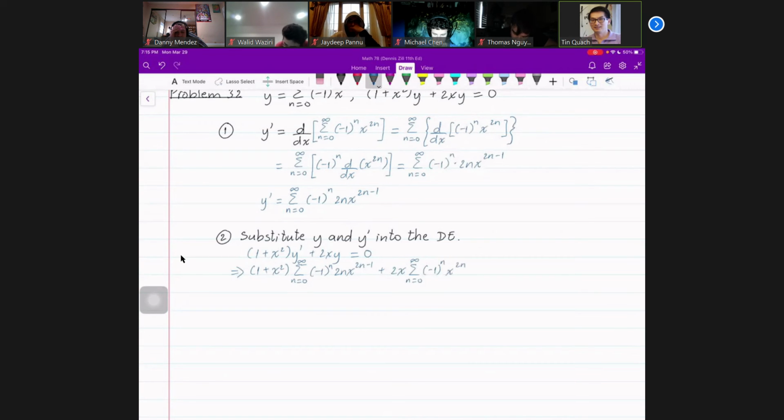Then you want to know if that is equal to 0. If it is, then you know that the series is a solution.